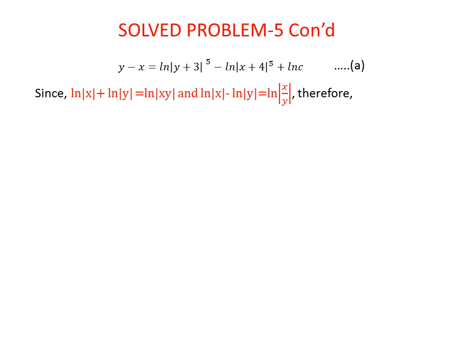This is the first rule. Whenever we have the sum of 2 terms, it will convert to a product of the arguments.